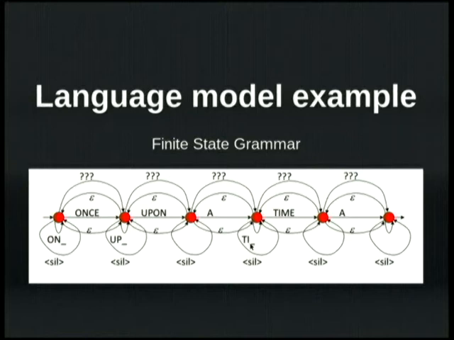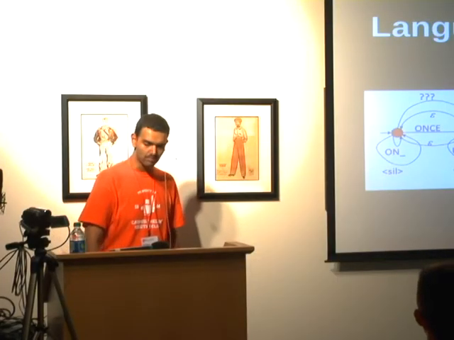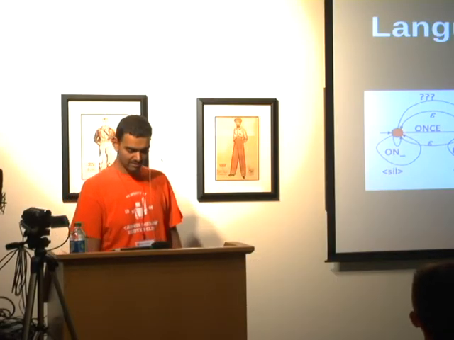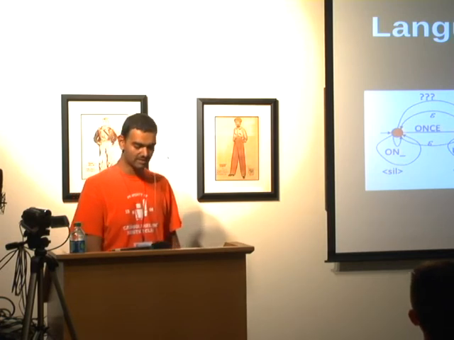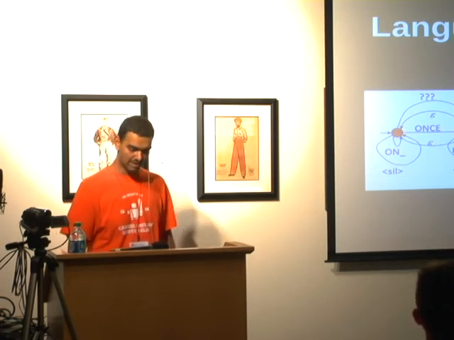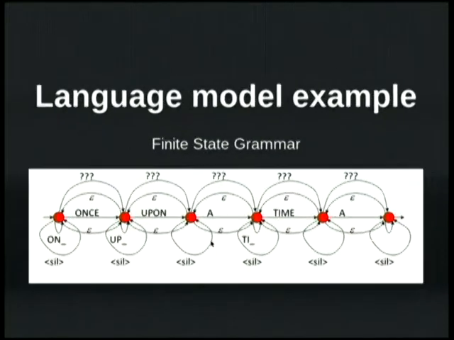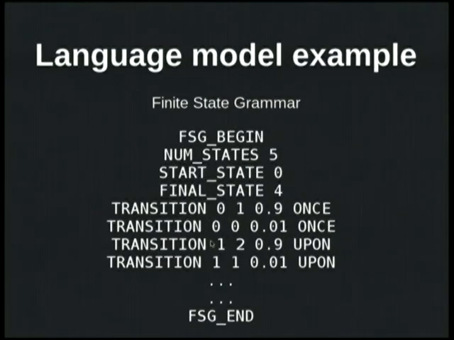If I speak some other word, say mic or something, it tries to fit into one of these words. The language model is slightly more than that actually. It also includes the transitions from one word to another. This is the representation of the same graph in the script.